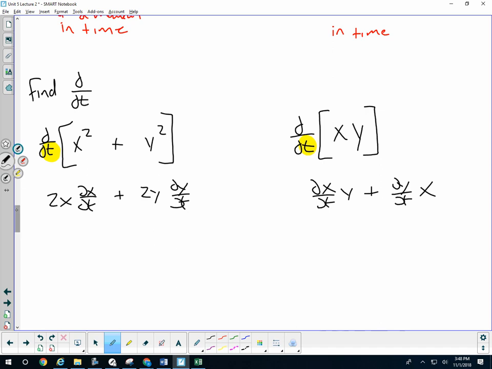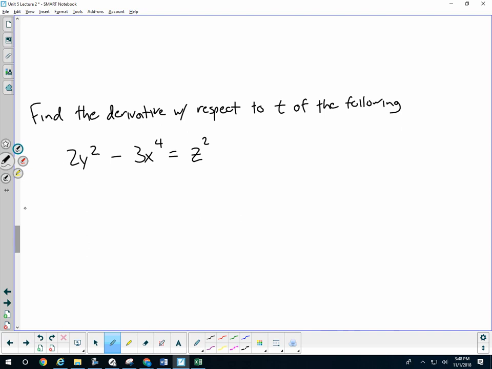And now we're going to be looking at different equations of different things that could have x's, y's, and z's. We are going to start looking at formulas like volumes of spheres, and we are going to be taking derivatives of these. Start with this one on the left.